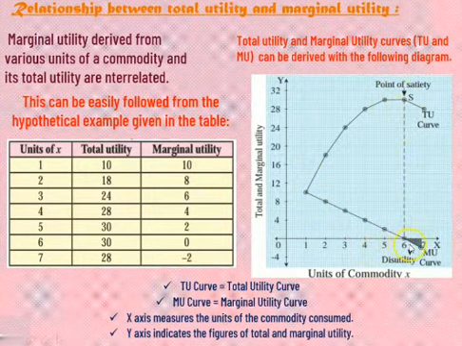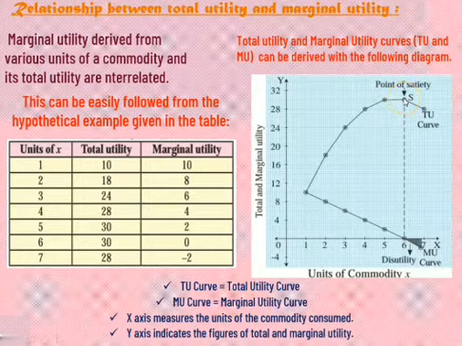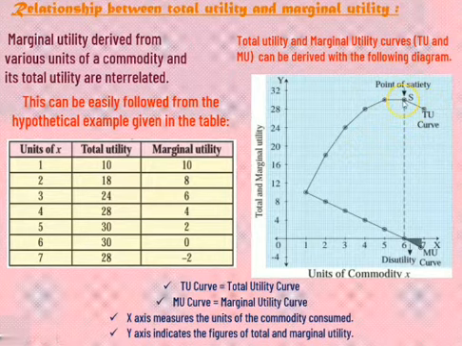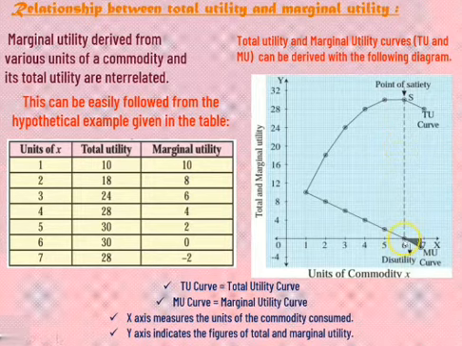Now what we have got here is one point: in the 5th unit and the 6th unit, our TU becomes constant. And after the 6th unit, our TU starts declining, and therefore this point is called the point of satisfaction or point of satiety, when our TU is at maximum satisfaction and MU turns to 0.